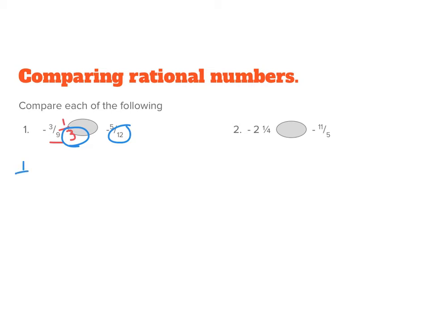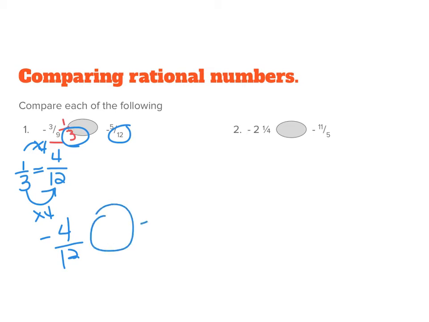So I'm changing 1/3 to twelfths. So I know to get from 3 to 12 is times 4, so 1 times 4 is going to give you 4. So now I'm comparing -4/12 and -5/12.